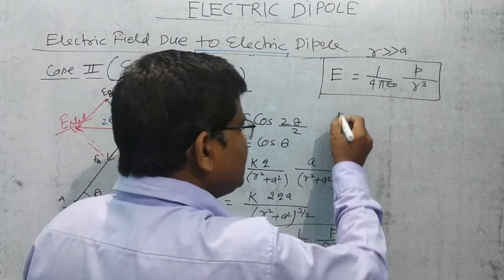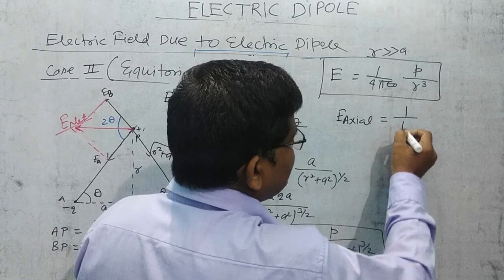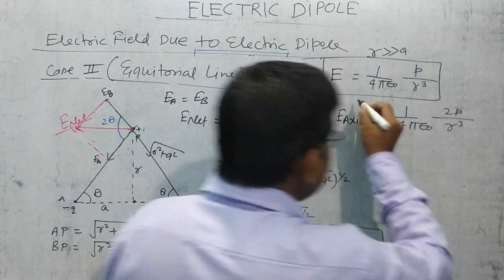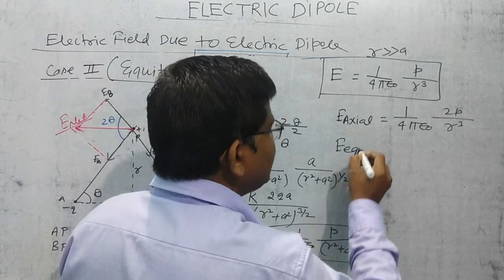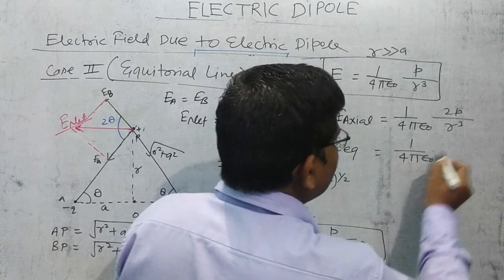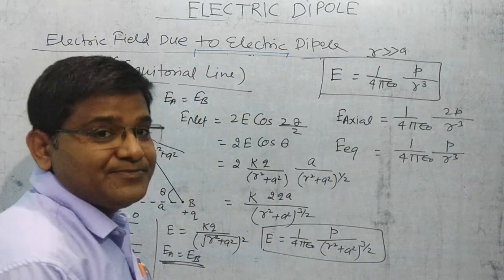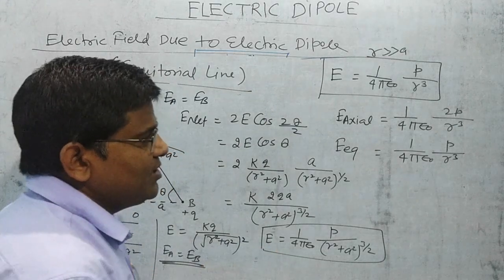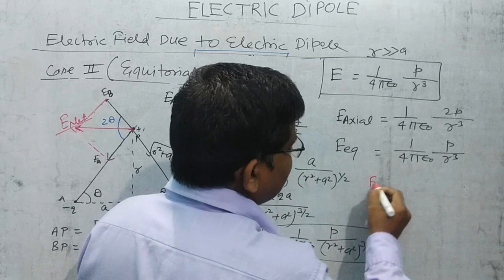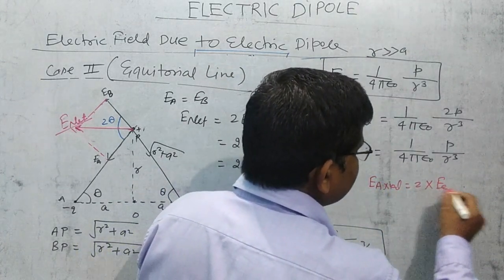And E axial is equal to 1 by 4 pi epsilon naught 2P by R cube, and here for equatorial, it is 1 upon 4 pi epsilon naught P by R cube. A very good relation here: E axial is equal to 2 times E equatorial.